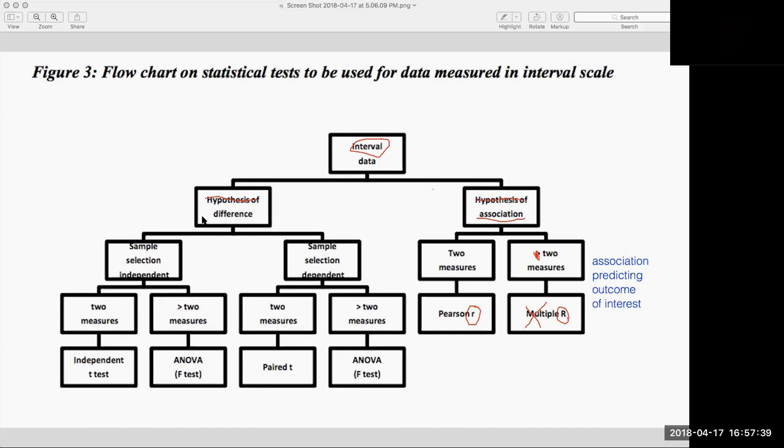Let's say I'm looking at professorial income, and the Secretary of Education believes that professors are way overpaid on average. And I have a sample of professors' incomes, and I'm going to test the difference between the hypothesized mu, or the hypothesized value of the mean in the population, versus my sample mean. And that is a one sample t-test.